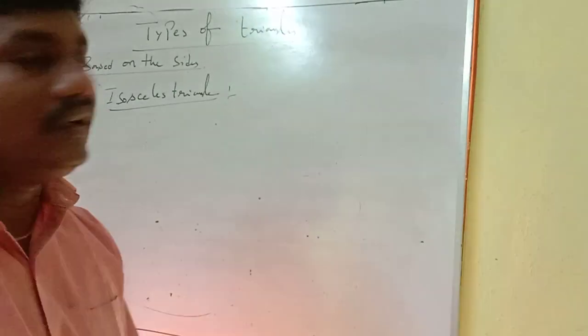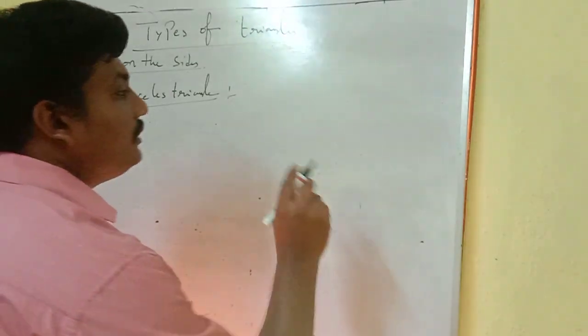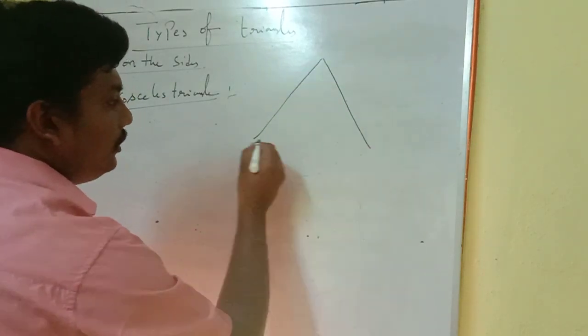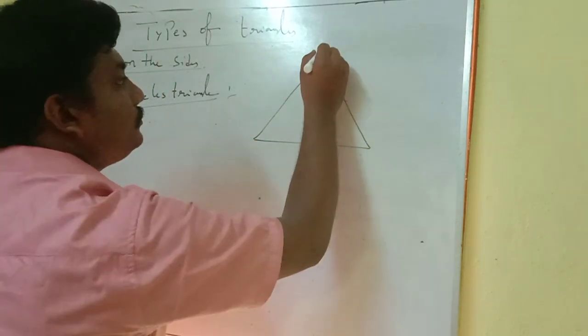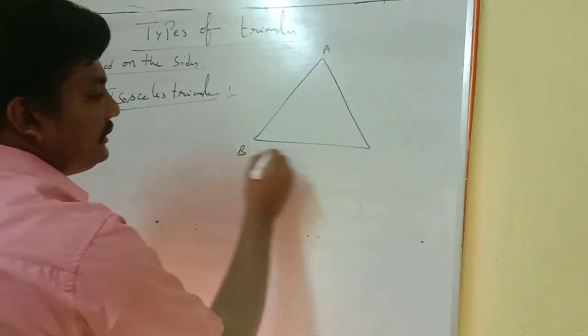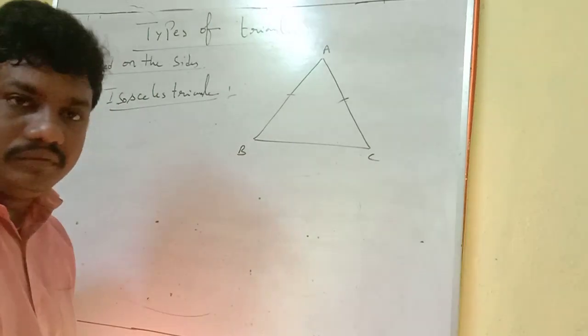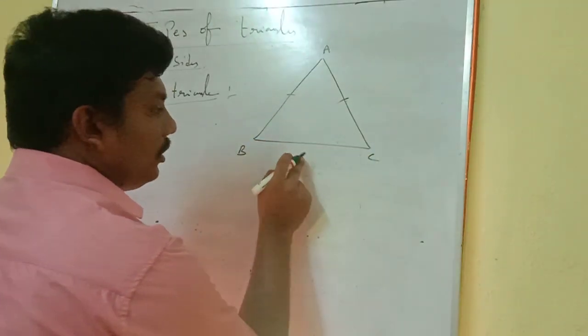One more side is unequal. So it has two equal sides and one unequal side. Two sides are equal: AB and AC are equal.